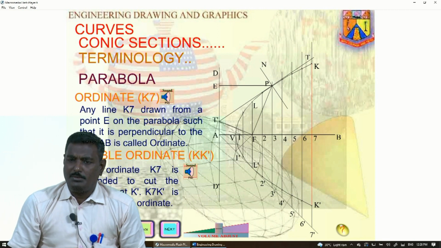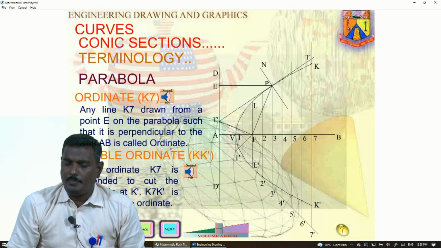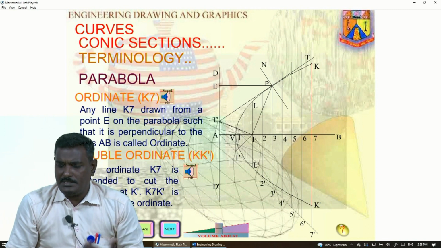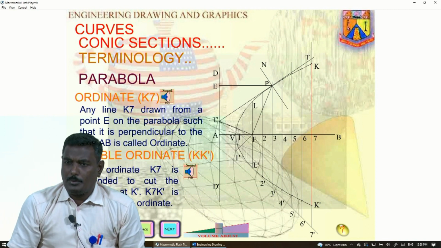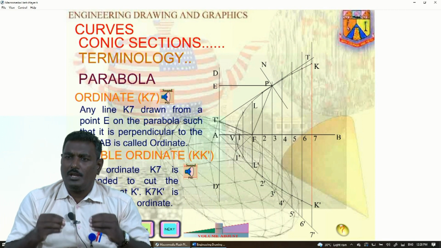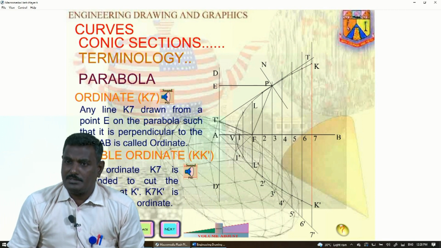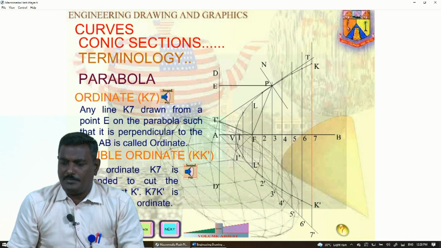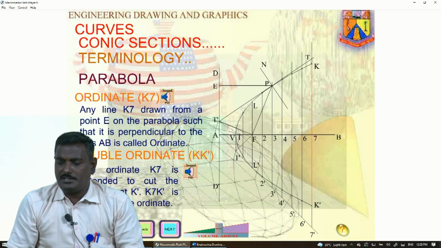Double ordinate is similar, because it is above and below. In a parabola it is the abscissa, that is the abscissa from the vertex.